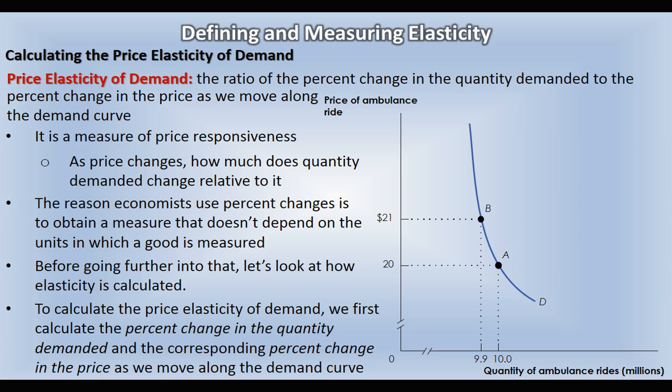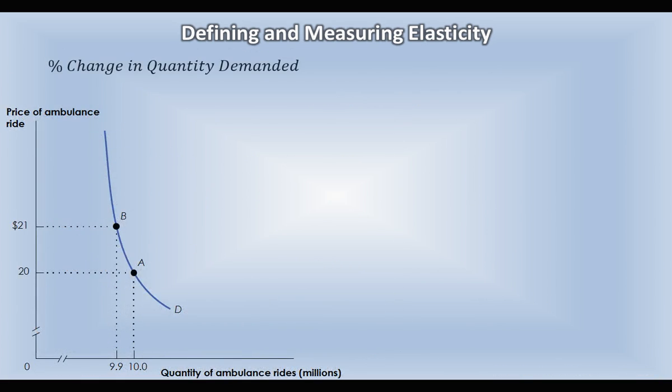But first, we're talking about the way to measure elasticity. So we looked at percent changes. Just in general, a percent change. If we're talking about the percent change in quantity demanded, you look at the amount that the quantity has changed relative to the amount it was.